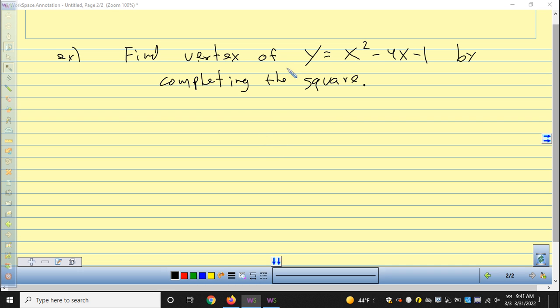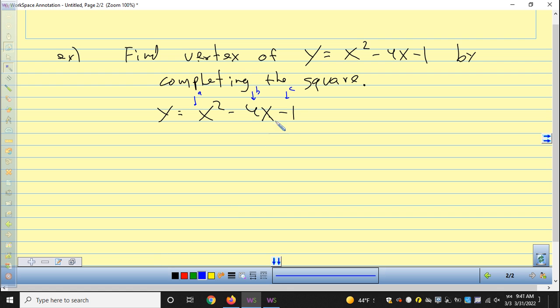All right, so we already equal y. So that's good. And I'm going to rewrite this so I can do my stuff underneath. x squared minus 4x minus 1. My first step. I'm just going to label this a is 1, b is negative 4, c is negative 1.